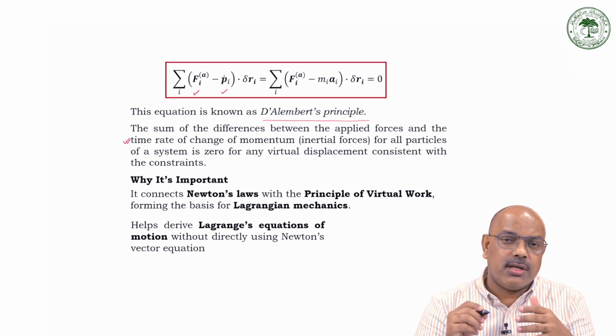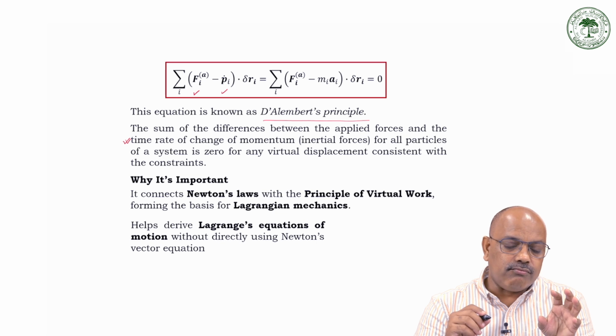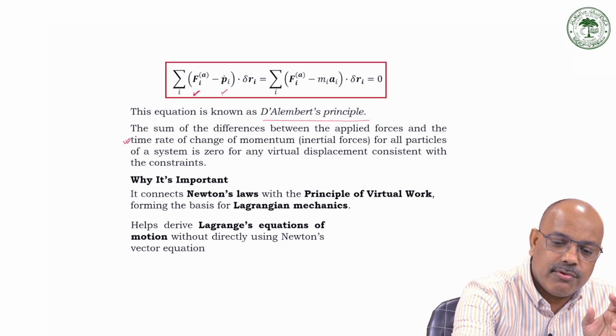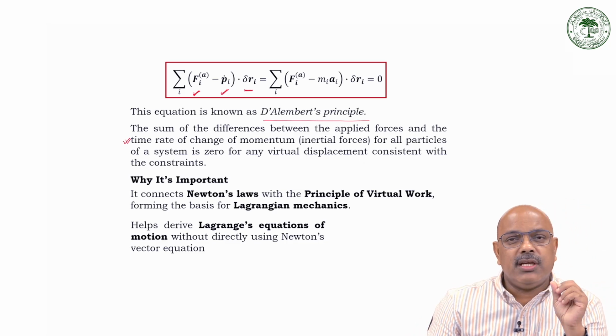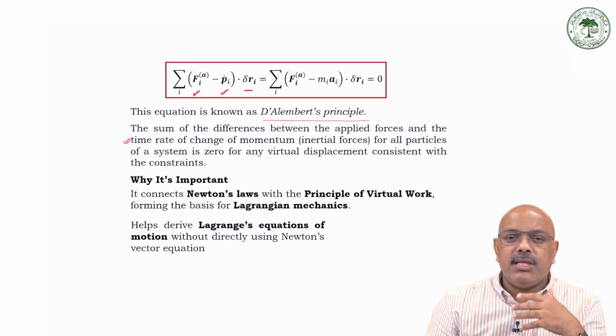So the virtual work done by the difference of the applied force and the reverse effective force, in displacing the system through some imaginary virtual displacement, is going to be 0.